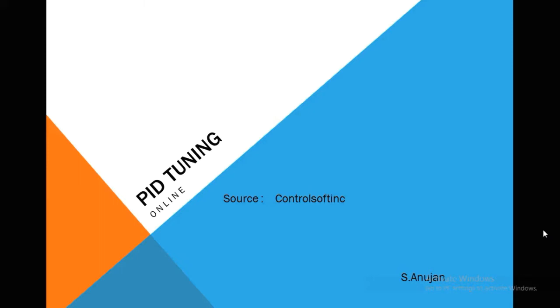So these PID tuning numbers are essentially responsible for fast action, robust action of the controllers.